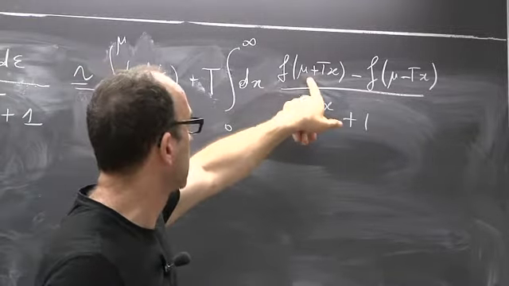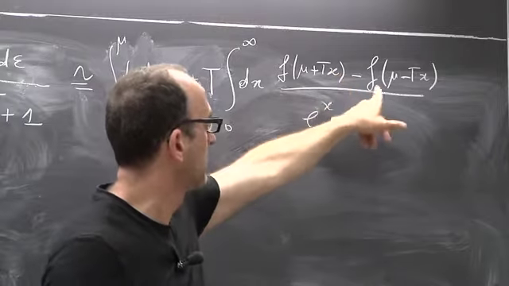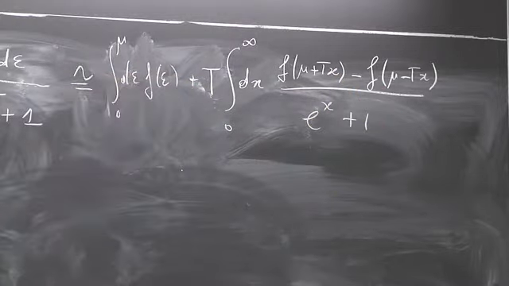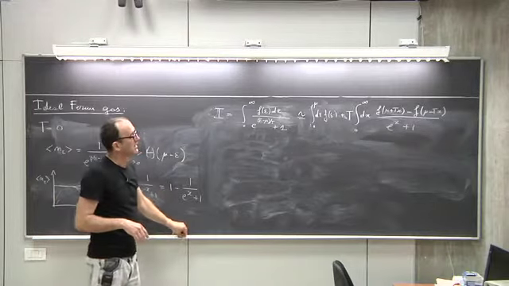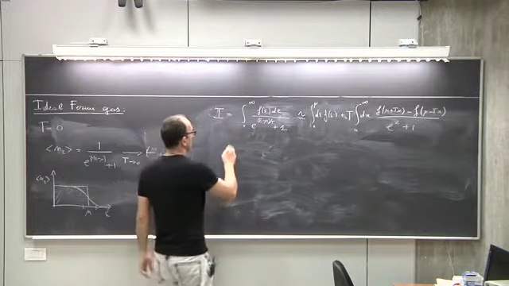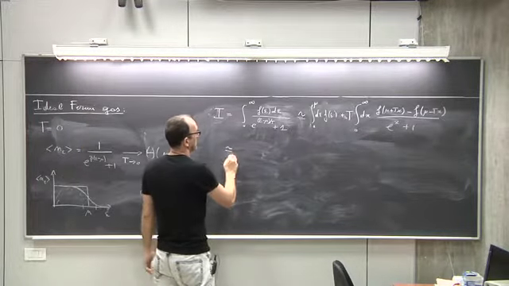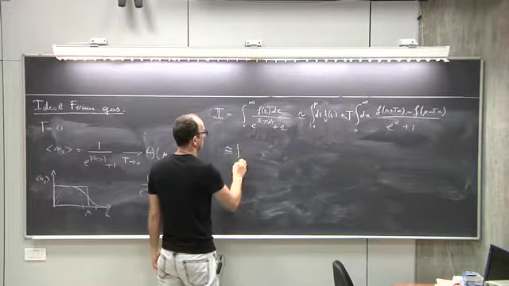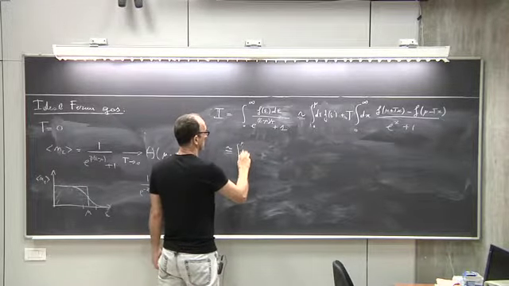So what I can do is to introduce here a series expansion, expand the function f around μ, and so I will get the first term, which is just the same.